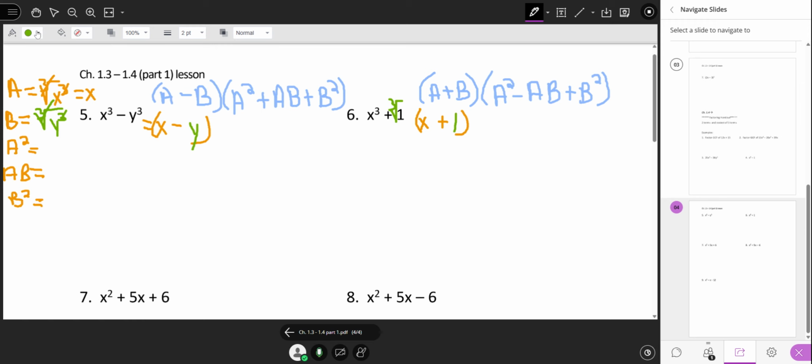Now, a squared: x squared is x times x, so that gives us x squared.